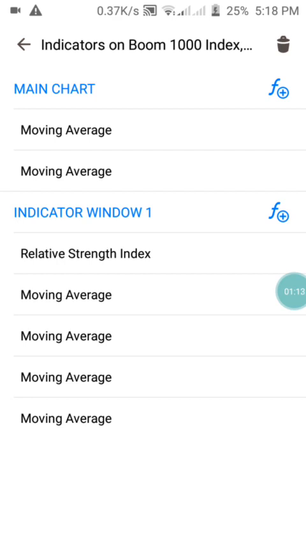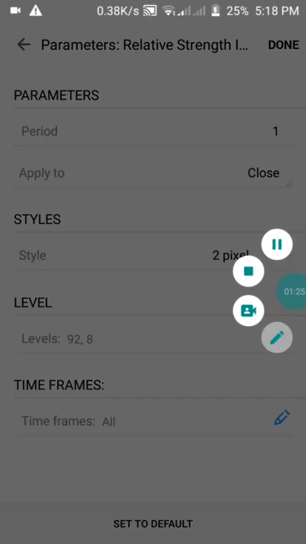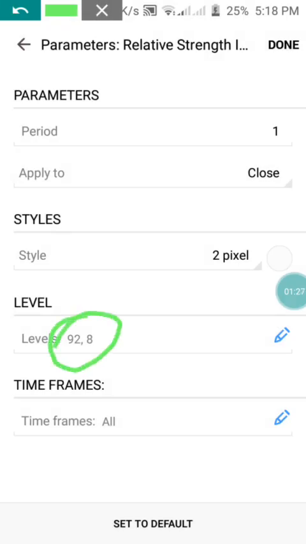Now let's go into our indicator window 1, where we have our relative strength index. Our relative strength index is our powerful strategy that we need, most especially when it comes to the level area. So we have the period of 1, our apply to close, and 2 as our parameter, and we have it in white color here, which is the color of our background.